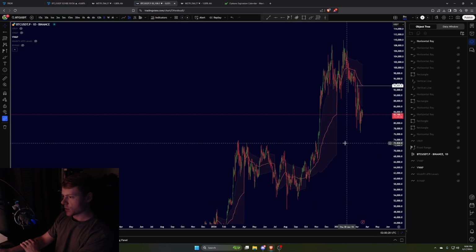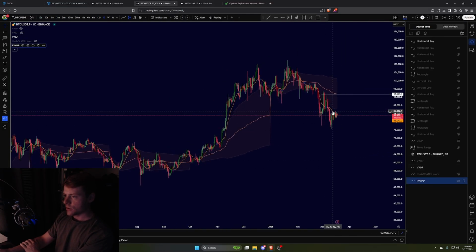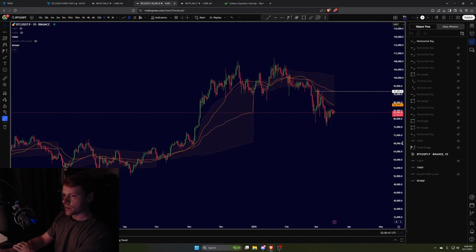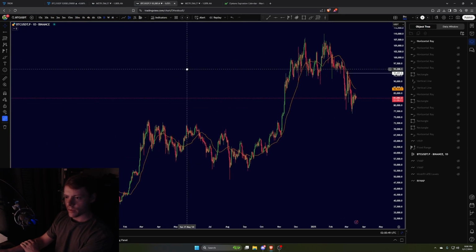Something I didn't want to cover as well, these rolling VWAPs. You can kind of use these rolling VWAPs as a measure of, it's kind of like an EMA, but I think it's a lot better. You guys can see how good this rolling VWAP is.